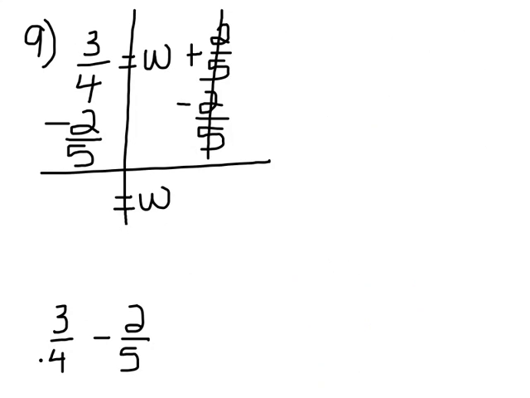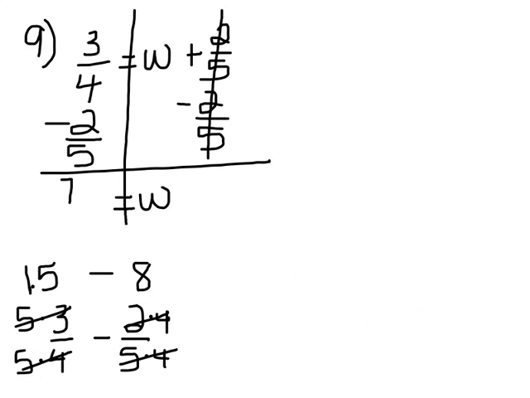We'll need a common denominator of 20. So here we'll have 15/20. Here we'll have 8/20. 15 minus 8 gives us 7. In the bottom, in our denominator, we will still have 20. So our answer is 7/20.